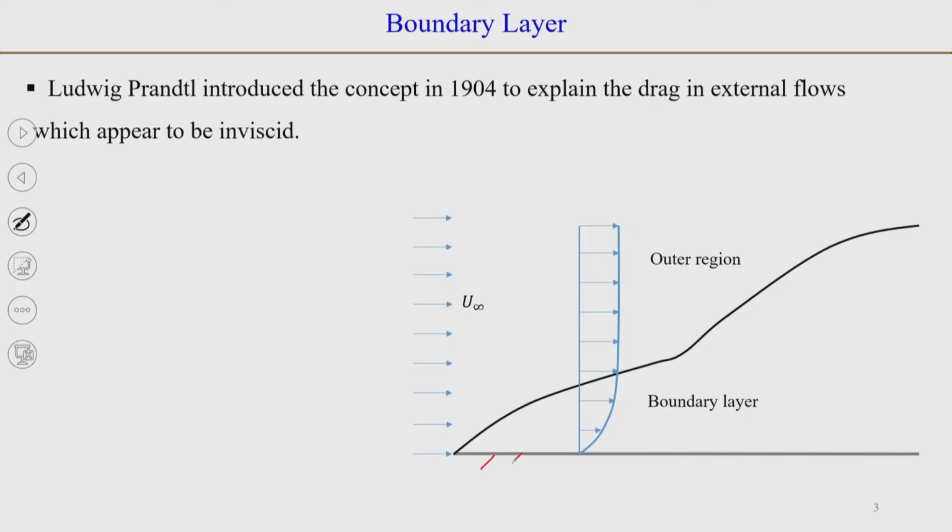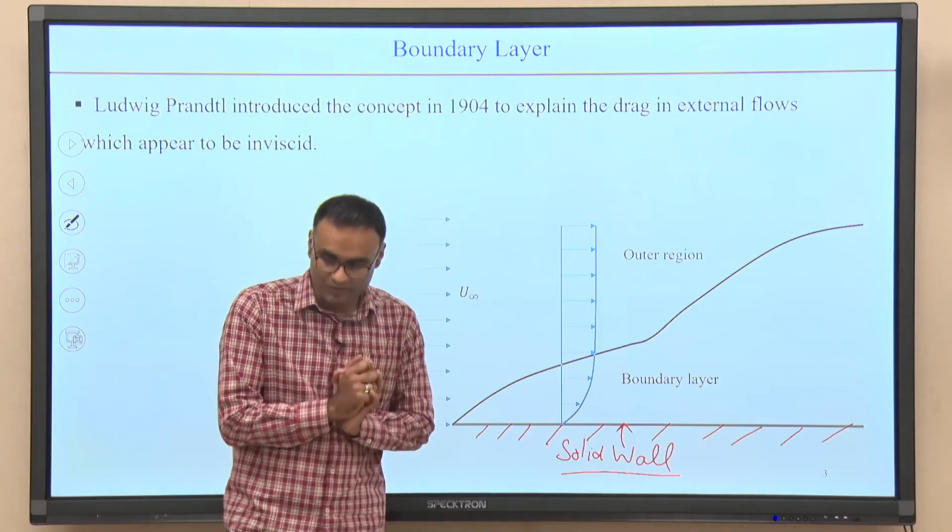If you consider flow over a flat plate, this plate is a solid wall, and because of the no-slip boundary condition here, in a small layer near the wall the viscous effects are dominant.